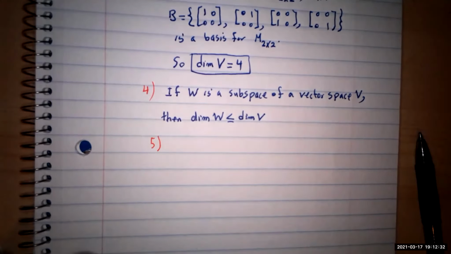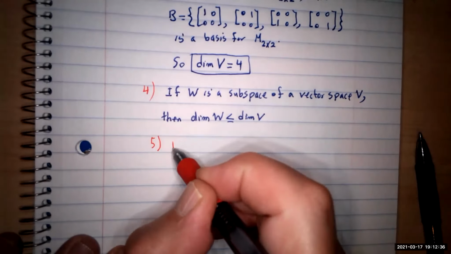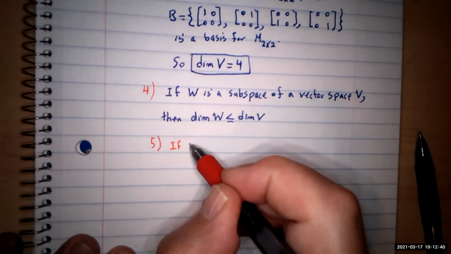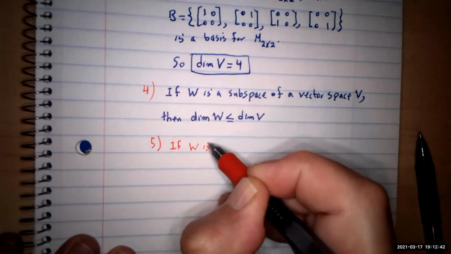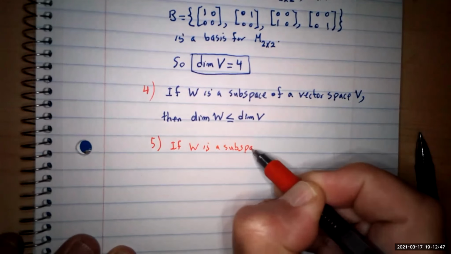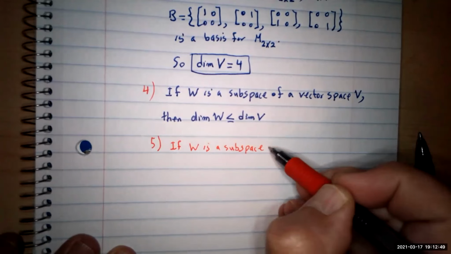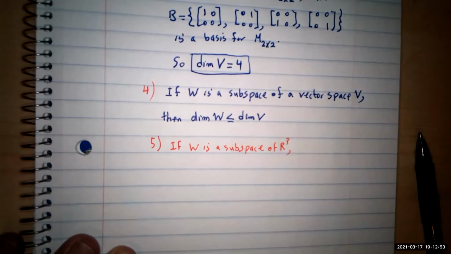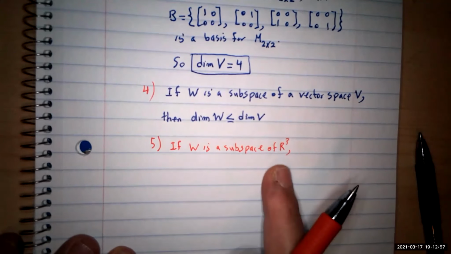This would be interesting. If W is a subspace of R3, you know that the dimension of W must be less than or equal to the dimension of R3.